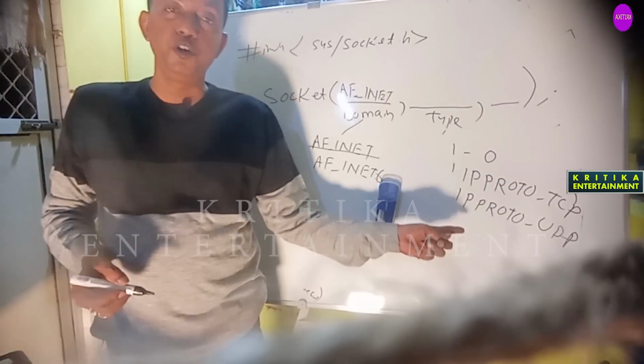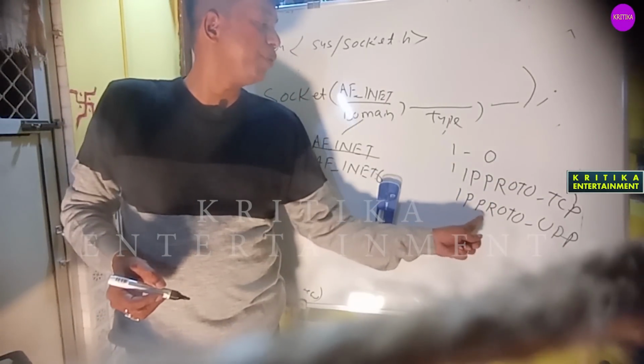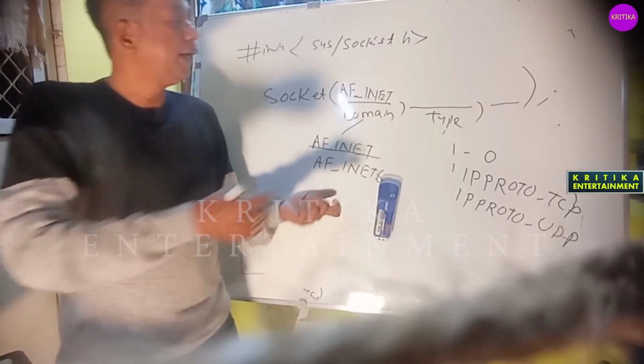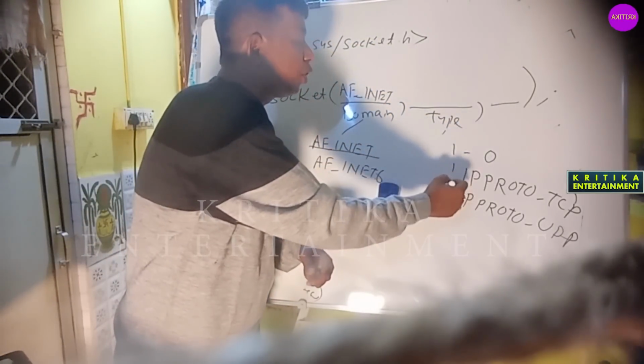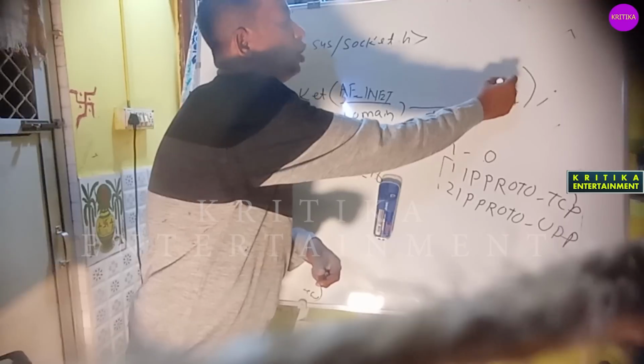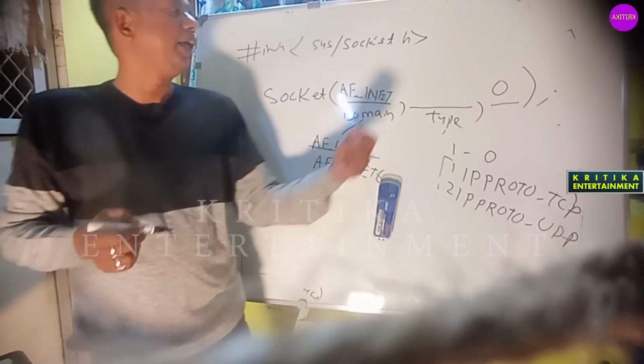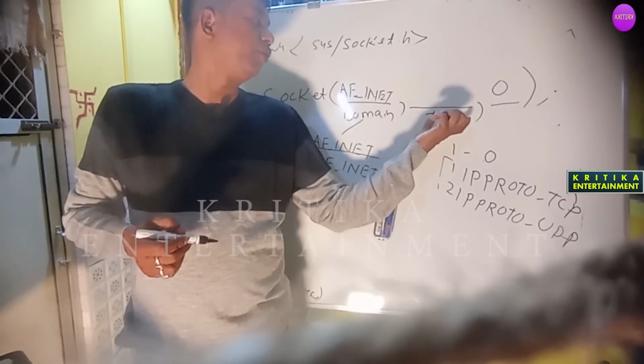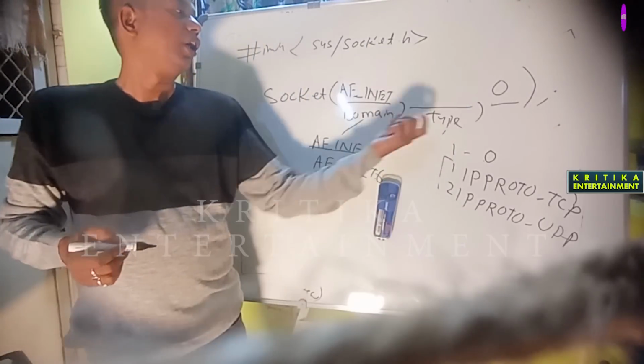If you are doing a UDP program, you write IP proto underscore UDP. If you do not know options 1 and 2, simply write 0. That means it automatically takes the protocol to decide the type of the socket.